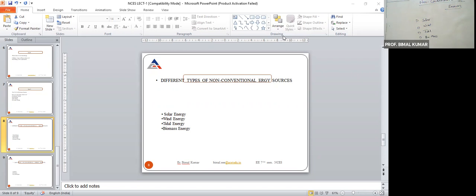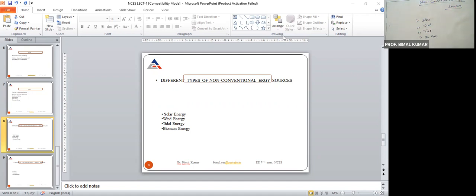We will have to shift from the conventional types of the energy sources towards the non-conventional types of the energy sources. Right?